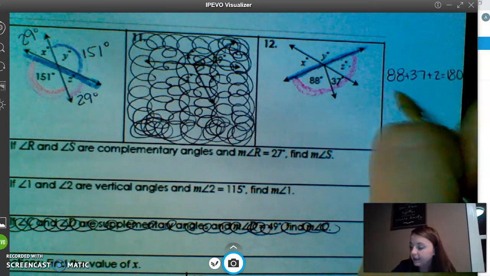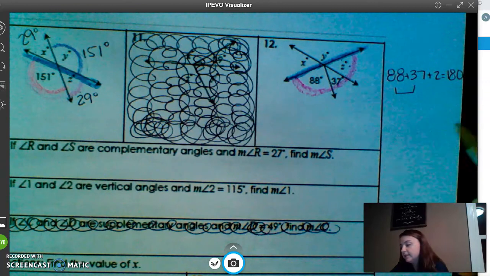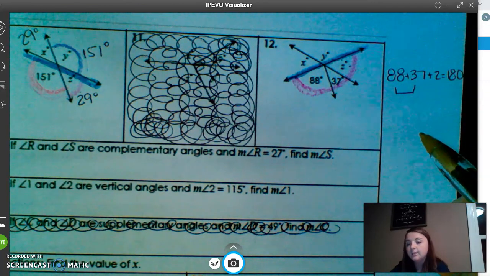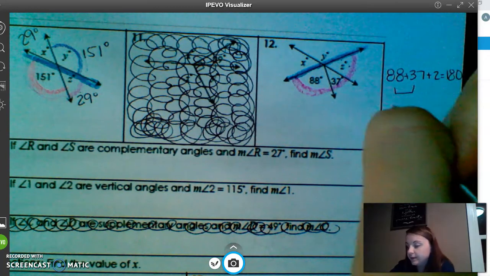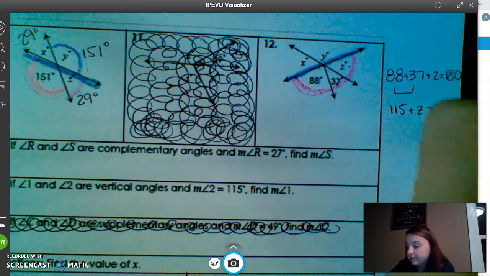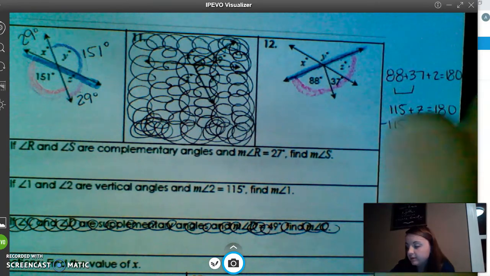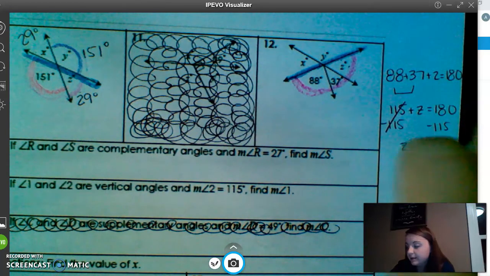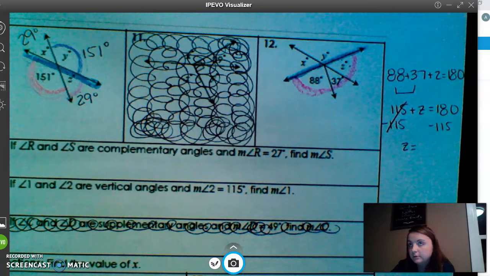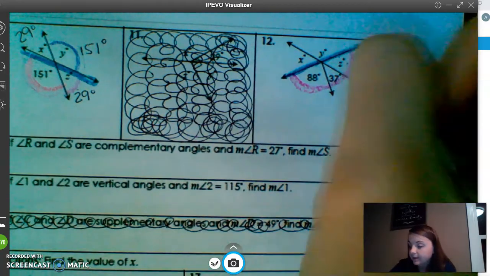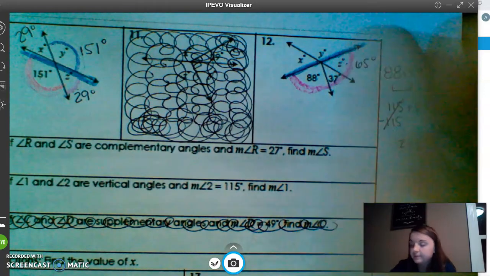Well, 88 plus 37 is, oh Lord, 88 plus 30 is 108 plus 7, 115. So 115 plus z equals 180. If I subtract 115 from both sides, then I get z equals 65 degrees.